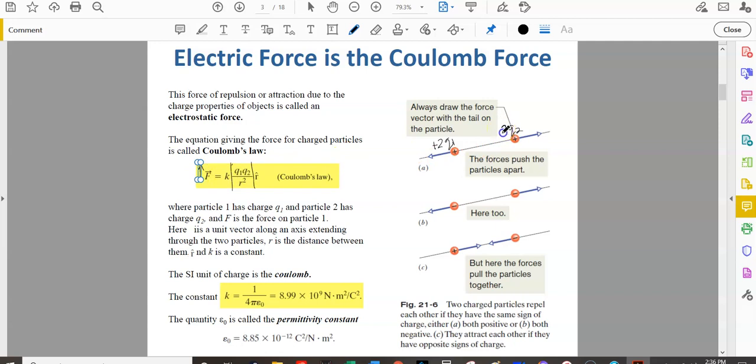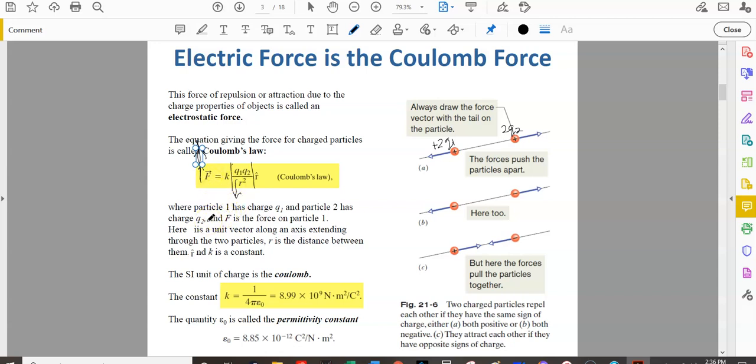Then if I add 2 to this one over here, I'm going to quadruple the force. Since the Q's are directly proportional to F, the more Q's you add to one or the other or both, the more repulsive or attractive that force is going to be. And distance is inversely proportional to the force. The closer you are, the greater the force. The further away, the weaker the Coulomb force.